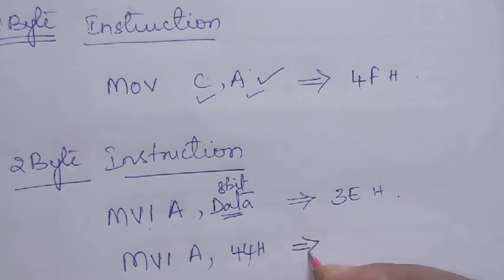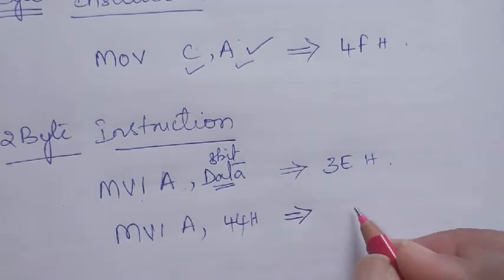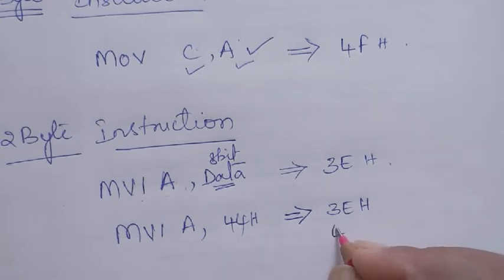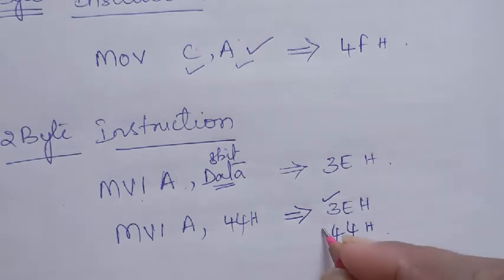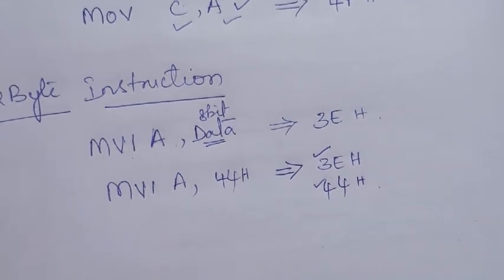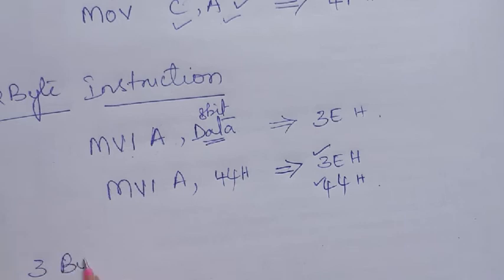When I code this instruction, the code will be 3EH as the first byte and 44H as the second byte. This is the opcode and this is the data. This is how you convert this instruction to code. Now let's see 3-byte instructions.